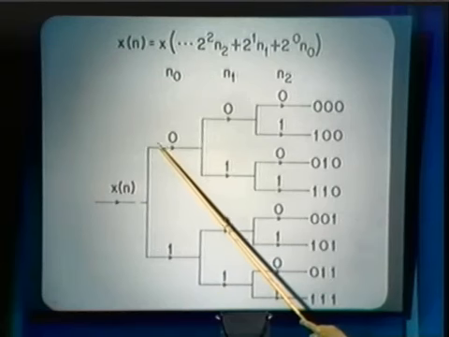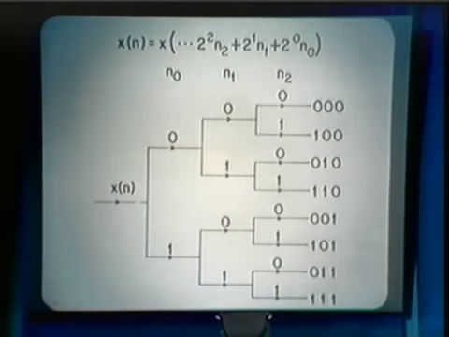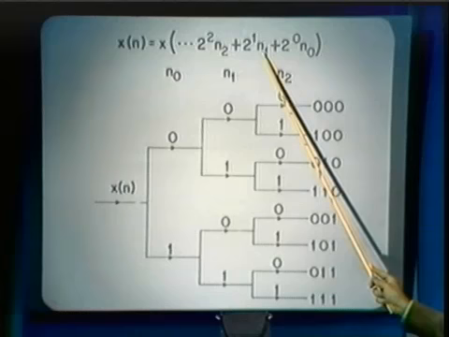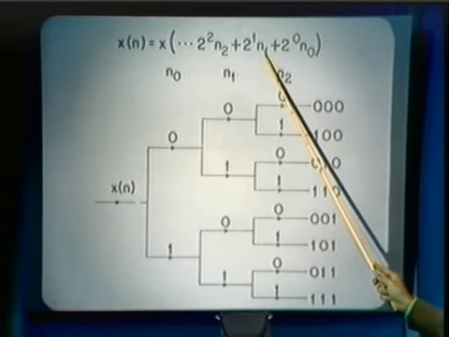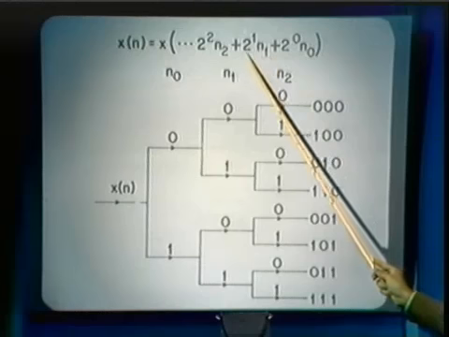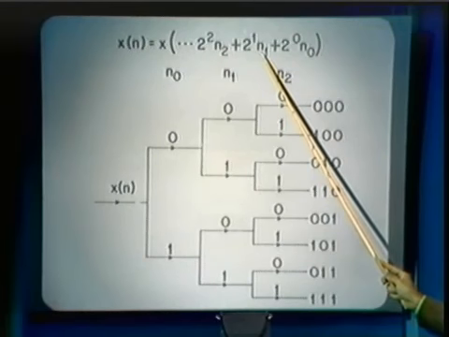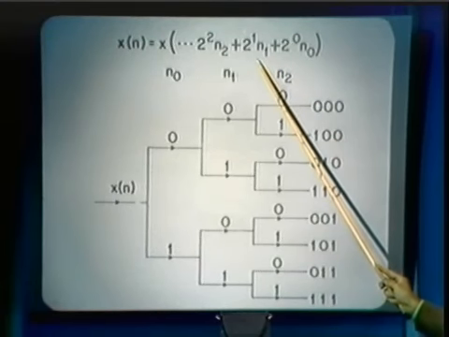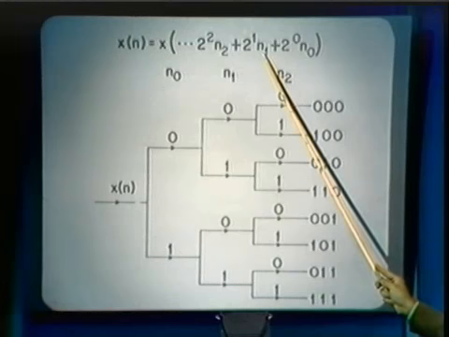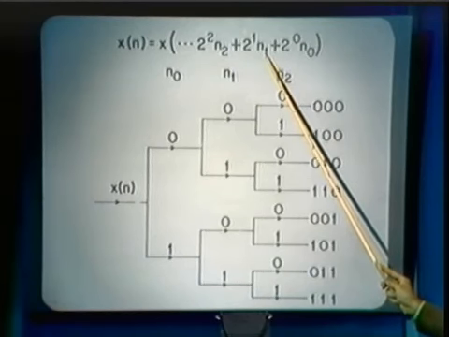Well, then for the even-numbered points, we wanted to divide those into the even-numbered of the even-numbered and the odd-numbered of the even-numbered. How would we do that? Well, we would do that by examining the next least significant bit. If that's a 0, then we would identify the data as being an even-numbered of the even-numbered points. If it's a 1, it's an odd-numbered of the even-numbered points.